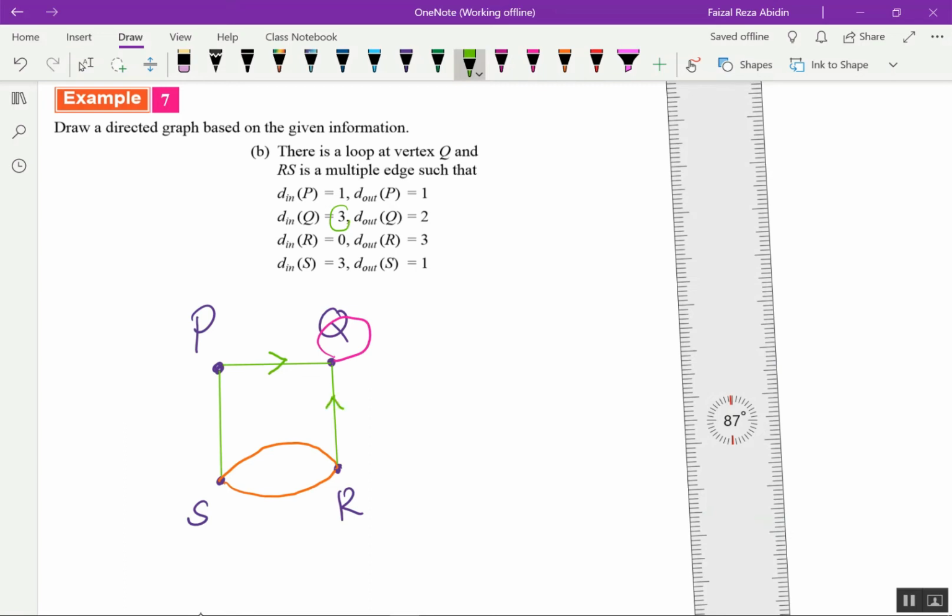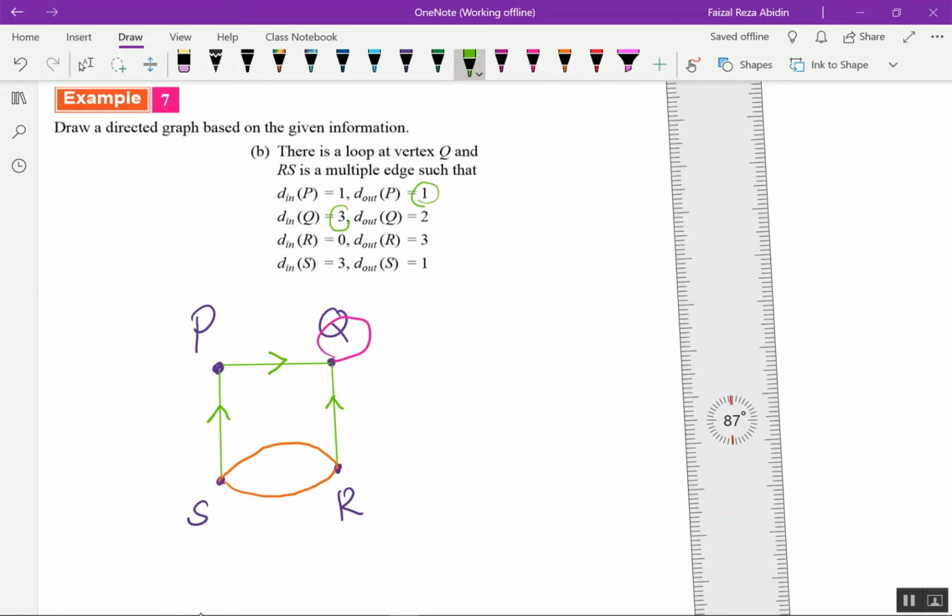Just put like that. So the degree in for P over here is 1. This one out already, 1. Okay, so we know that the arrow of the direction is like that. Okay, class? Okay, out from Q is 2. Okay, 1 is considered in our loop over here.